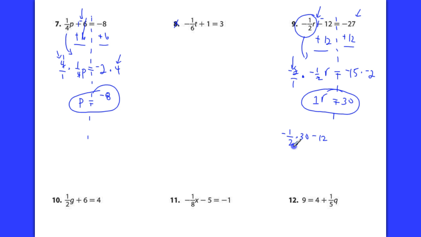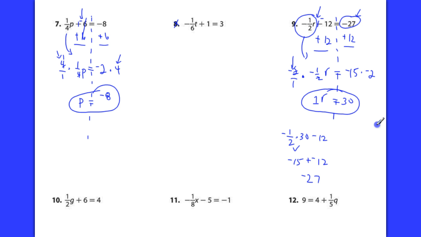Well, the order of operations says to multiply first. -1/2 times 30, think of half of 30. What's half of 30? It's 15. But it's -15 because it's a negative times a positive, minus 12. If I take -15 plus -12, add those together, guess what that equals? -27, which is exactly what we had at the beginning.